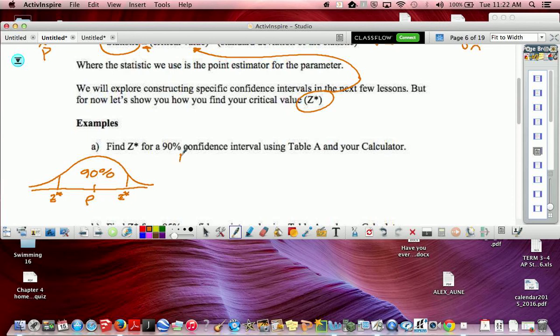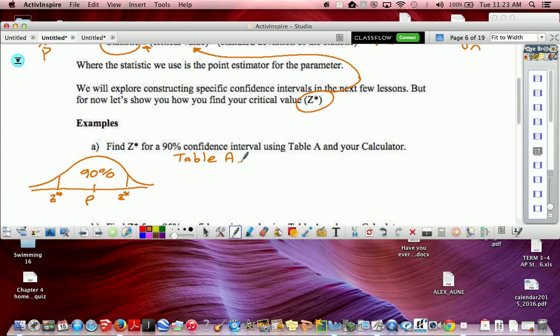If I'm looking at table A, take a second right now, go through your notebook and see if you can find your pink sheet, table A. The nice thing is, your book has a table A in it.